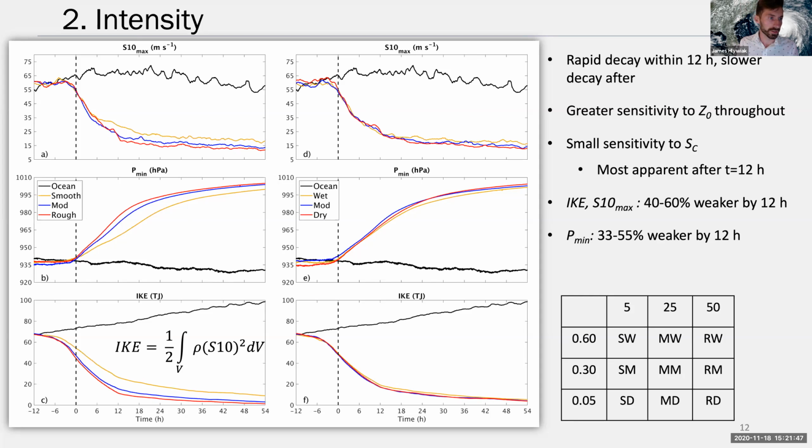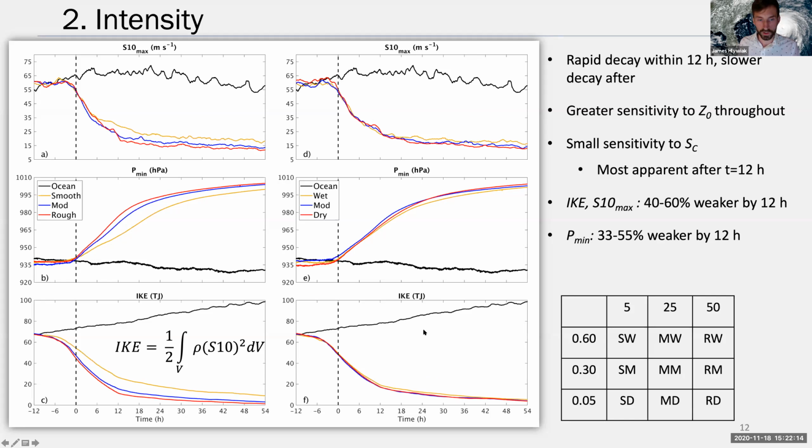Within about 12 hours or so, each one of these decayed to about a tropical storm intensity or low-end category 1 intensity. However, we see that there's a much greater sensitivity to the roughness length and a smaller sensitivity to the soil moisture. So the smooth cases by each metric here are stronger than the moderate and the rough cases when looking at roughness alone.